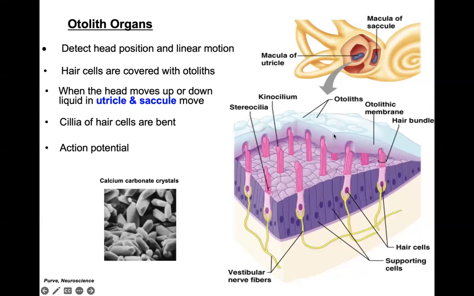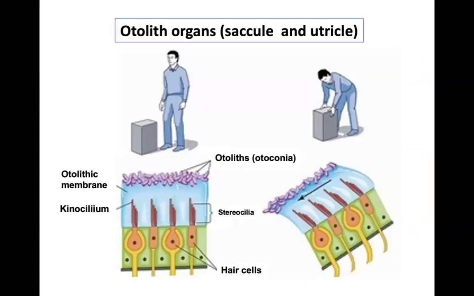And the same idea: when the otolith membrane moves, you bend the cilia of the hair cells. Don't worry about the details of the names. There are several types of cilia, but in general, these cilia will bend. And the same idea, you open the potassium channel, potassium comes in and activates these hair cells, and then you send a signal to the brain, telling the brain that the movement has occurred, okay?